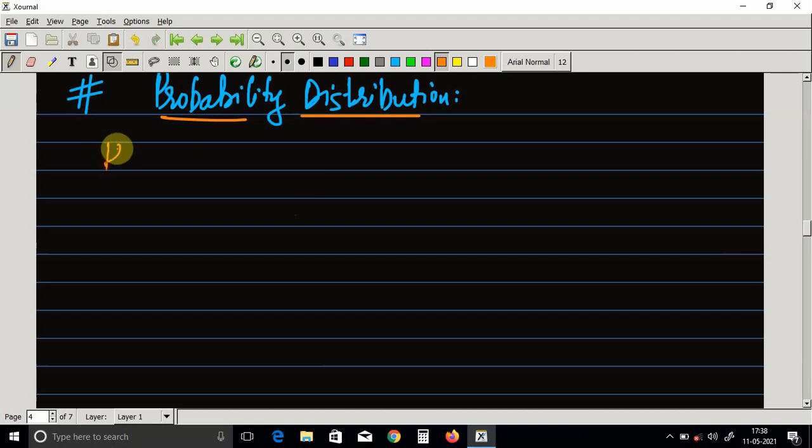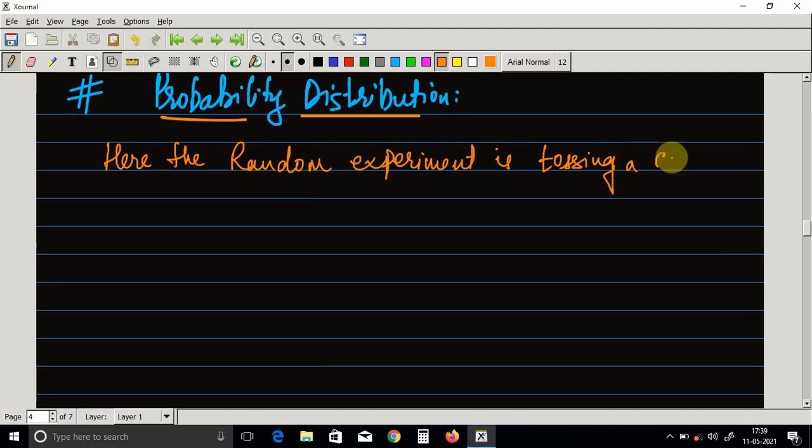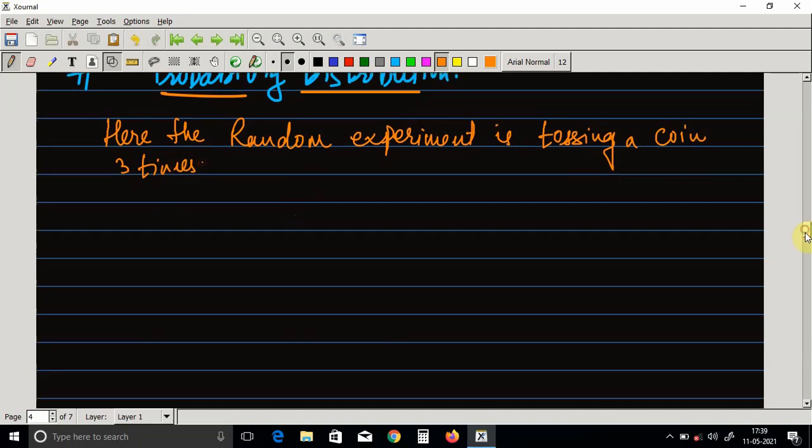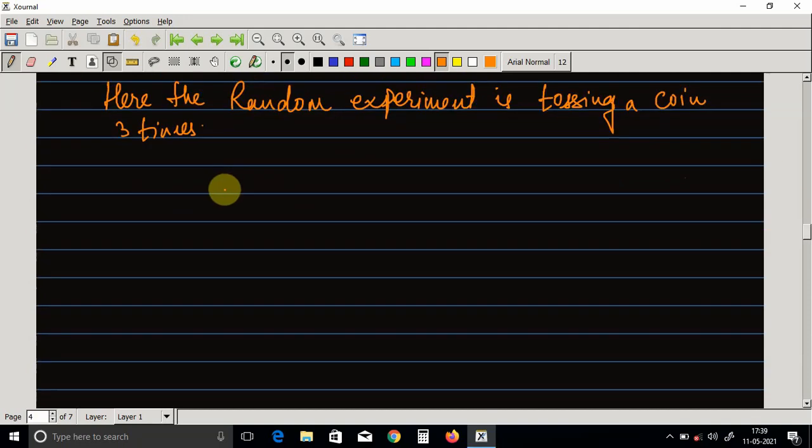So here the random experiment is tossing a coin 3 times. I have a coin and I'm going to toss it 3 times. Let's see what will be the outcomes on those 3 tosses.